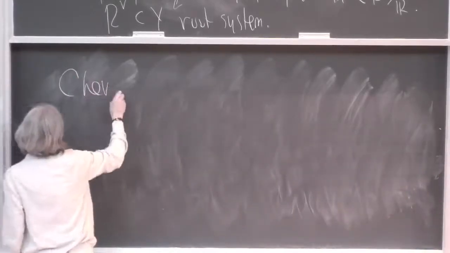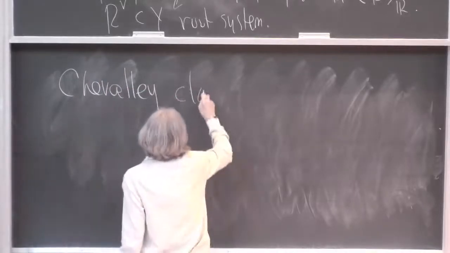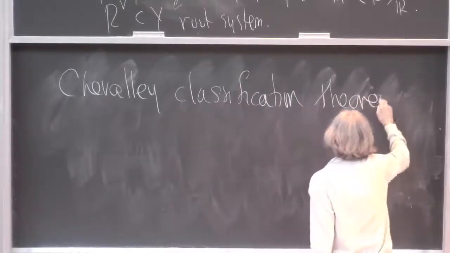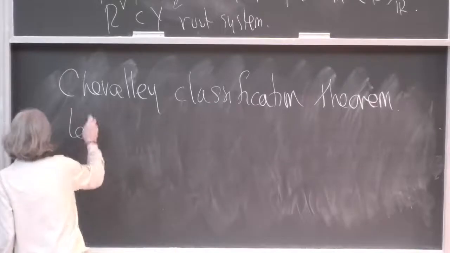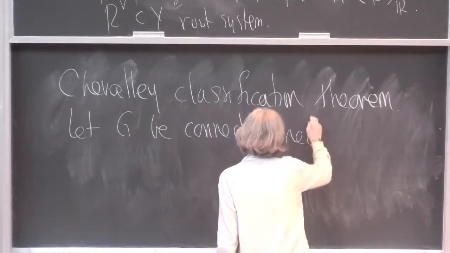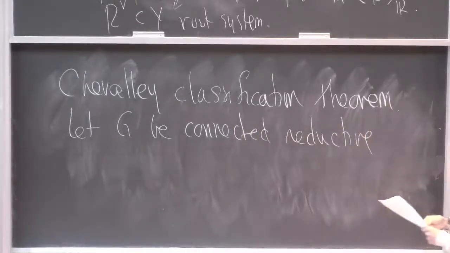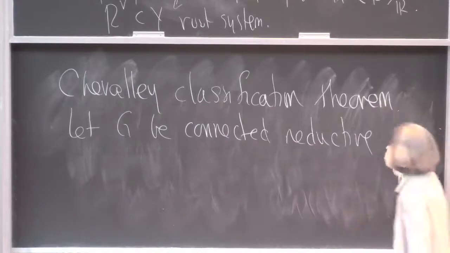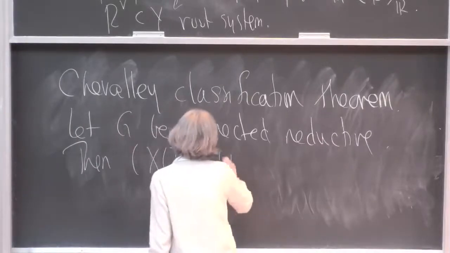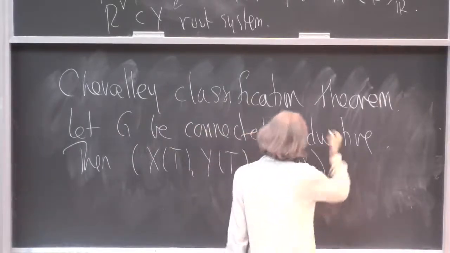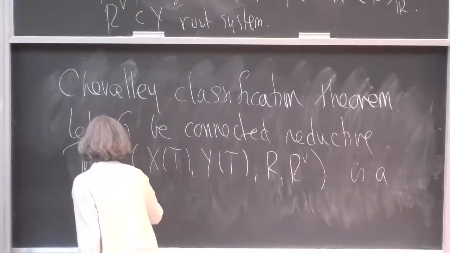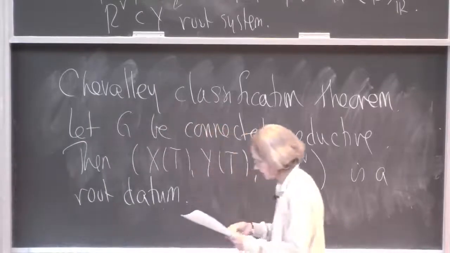So the Chevalley classification theorem. Let G be connected reductive. Then, with the notation that I set up above, this X of T, Y of T, R, R check is a root datum. I didn't quite define it, but it is a root datum. So that's the first thing.